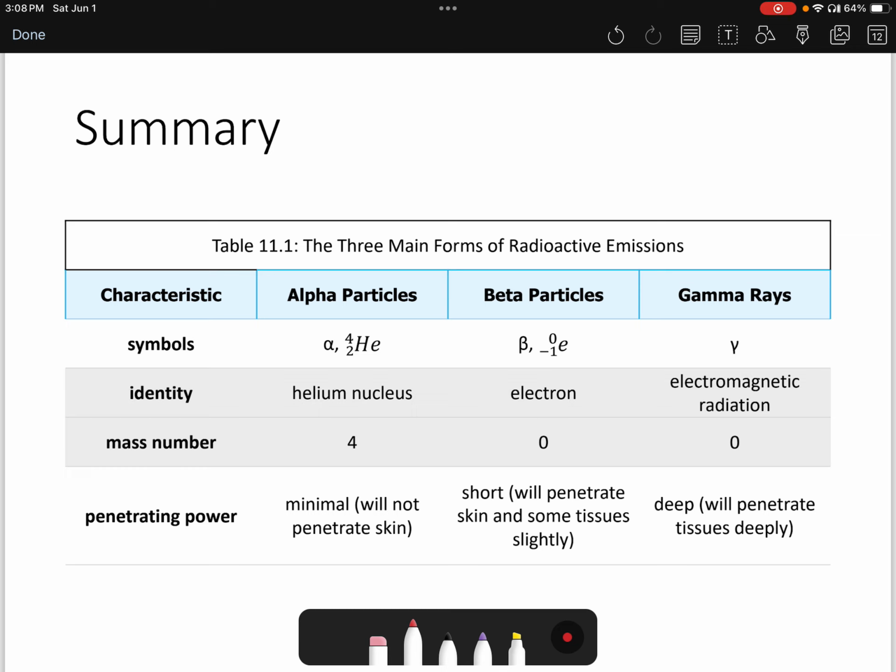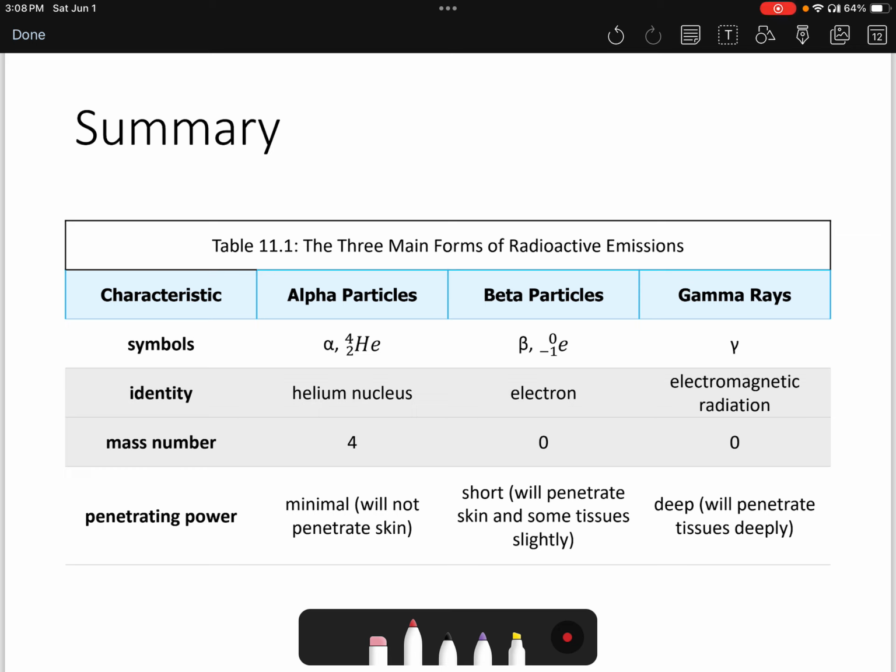And then beta particles had the symbol beta, or an electron, and its mass number was 0. And then beta particles can penetrate skin and some tissues. So in order to stop a beta particle, you need something a little thicker, like a piece of lead.